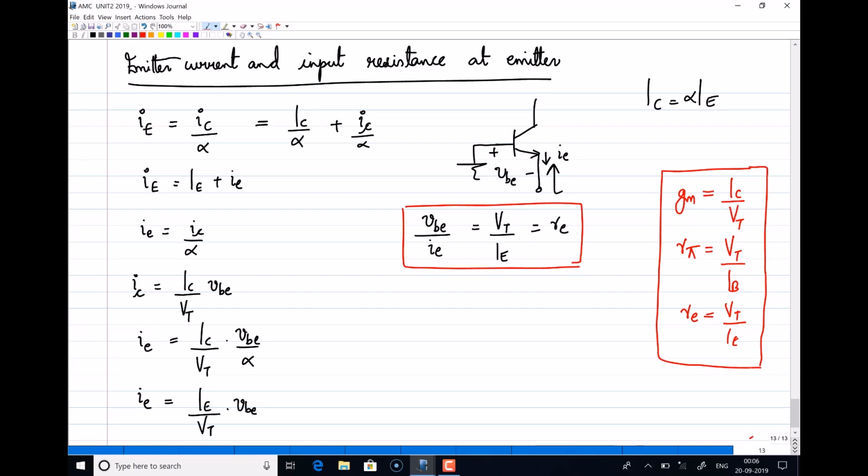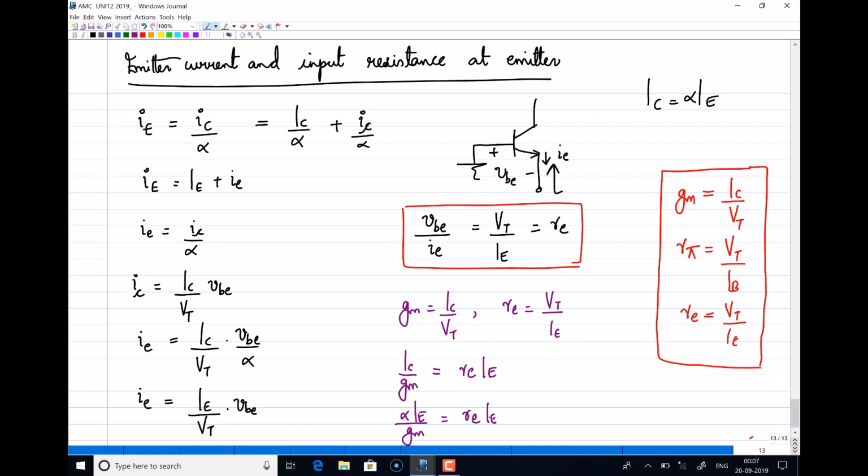By combining GM as IC by VT and RE as VT by IE, I can get another relation: IC by GM equals RE into IE, or alpha IE by GM equals RE into IE.